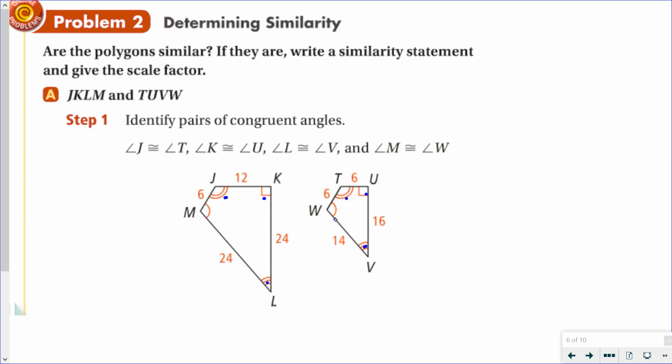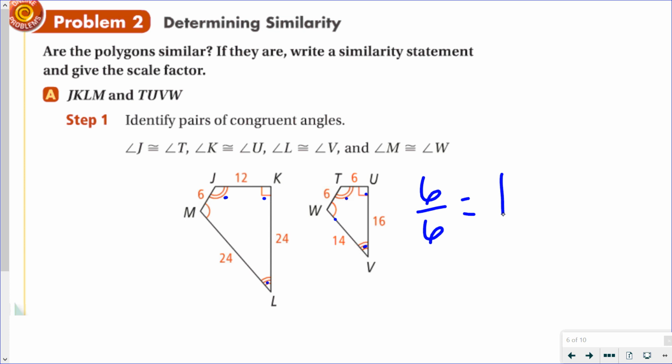Now we also need to figure out if the ratios of the corresponding sides are the same. So let's look at the length of MJ and the length of WT. Those two sides correspond to each other. So the ratio would be 6 to 6, which is 1. All of the other ratios of the sides have to be 1.